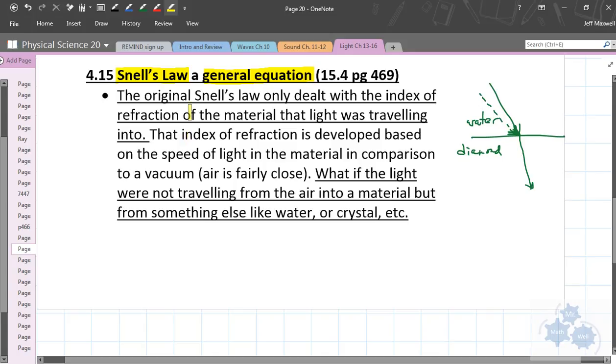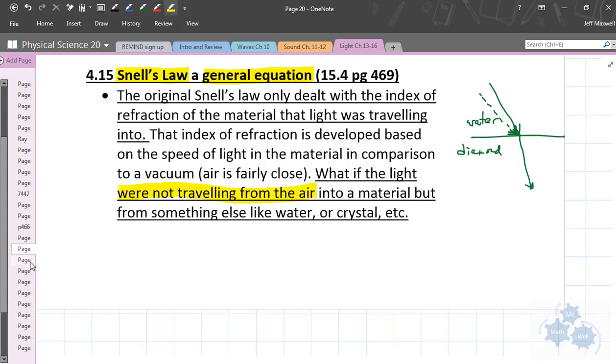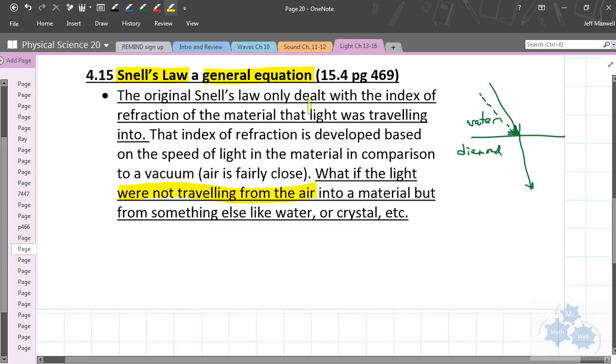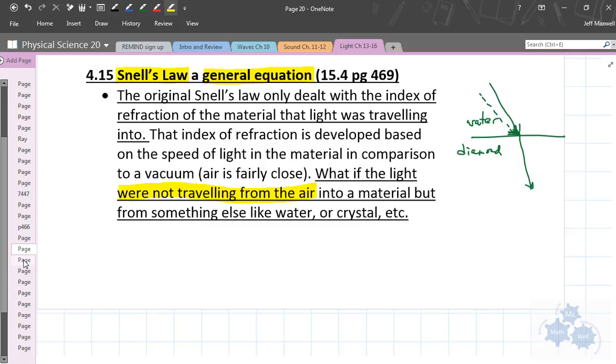Okay, so I'll just highlight this. If light were not traveling from air into another material, then we need a different equation. So, for example, water into diamond. What you need to copy from here is basically that we need to adjust Snell's equation if the ray is not coming from air.